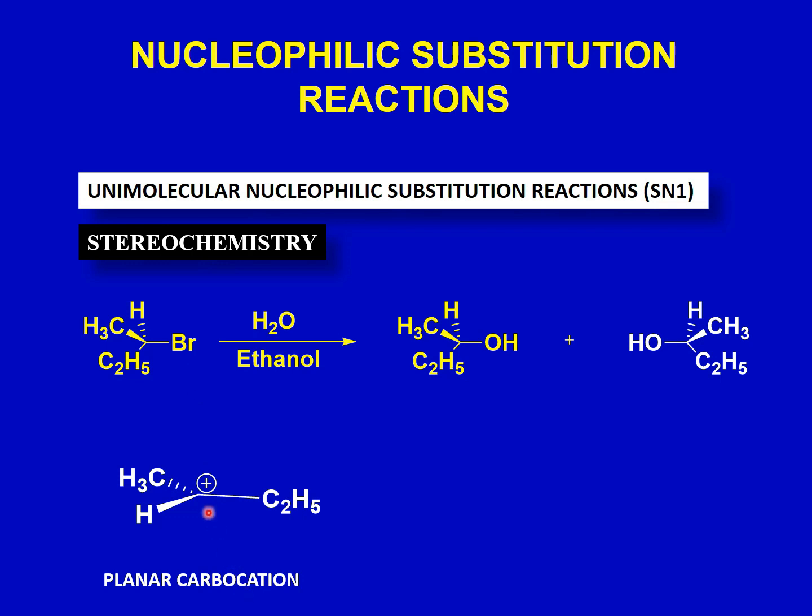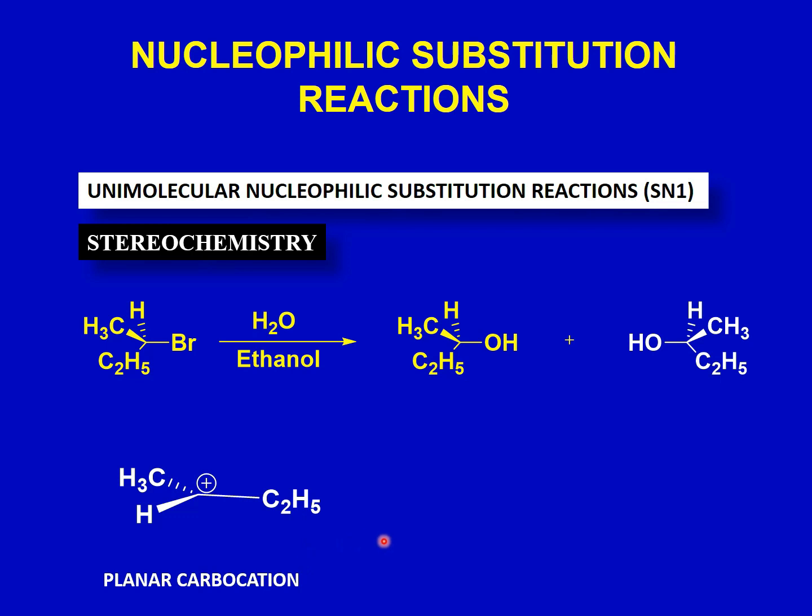As you know, the carbon which bears a positive charge is sp2 hybridized, and the geometry around an sp2 carbon, of course, is trigonal planar. So we have the formation of a planar carbocation in which all three groups attached to this central carbon are in the same plane.